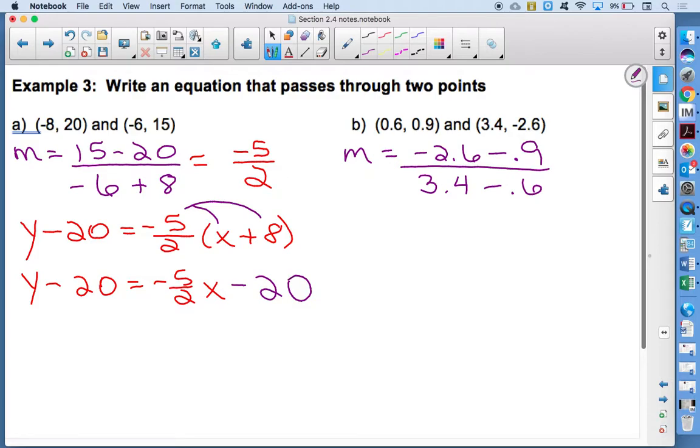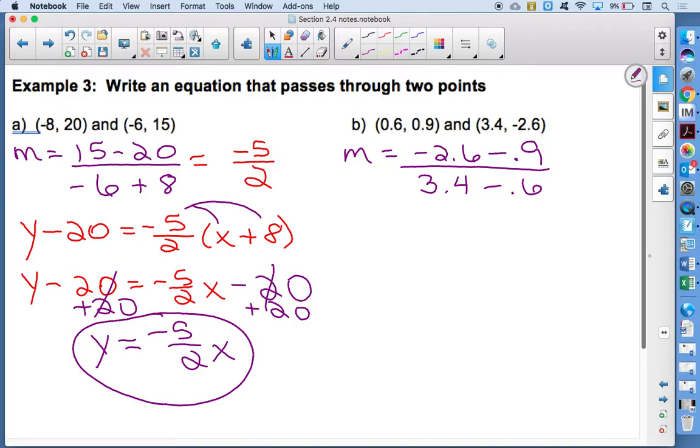No. So, Rachel, what happens when I simplify this? You get 0. So if I add 20 to the other side, you end up getting 0, and you're just left with negative 5/2 x. So if you use point-slope form, you get negative 5/2 x.